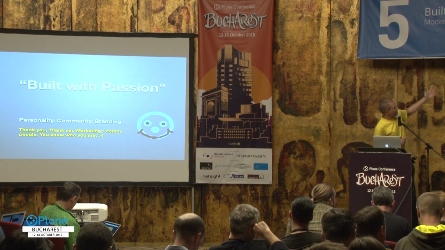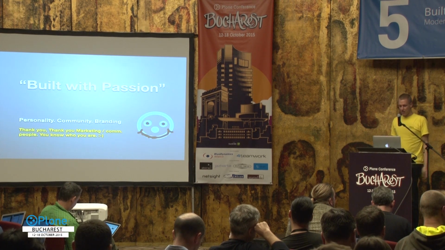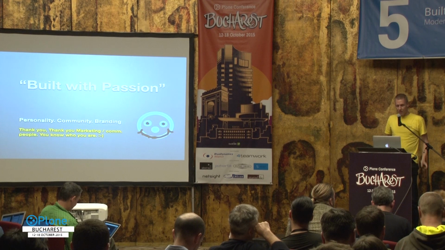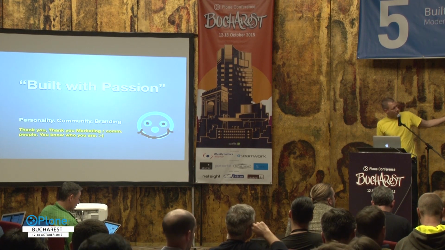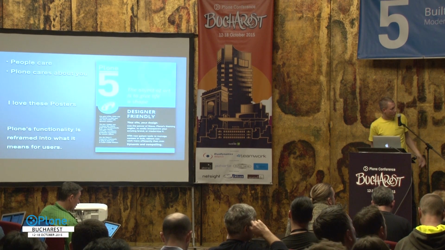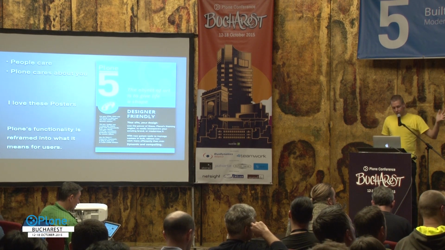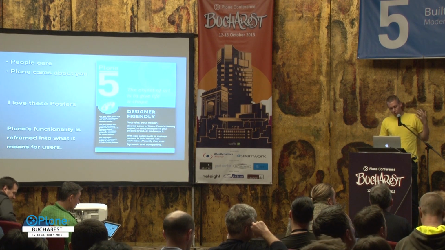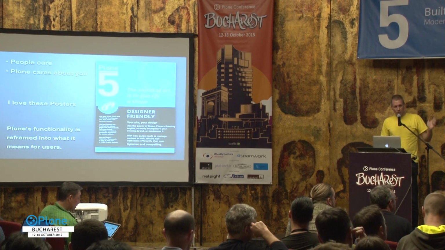And to my surprise, Plone 5, built with passion. That's not functionality. That's a human trait. So, thank you, marketing and communications people. You know who you are. I love these posters. People care, Plone cares about you. And there's still functionality, but it's reframed into what it means to users, and not like a big checklist.